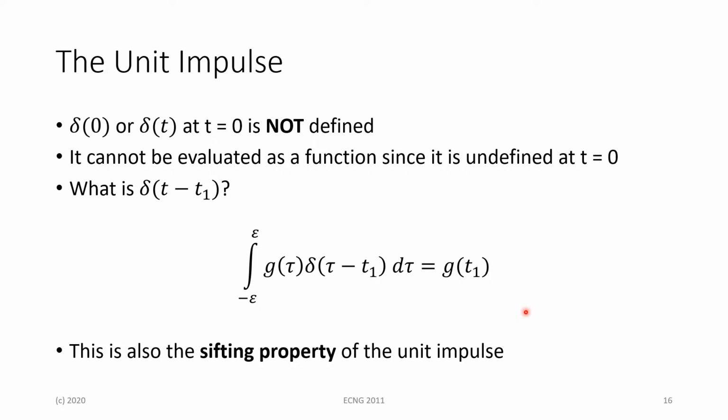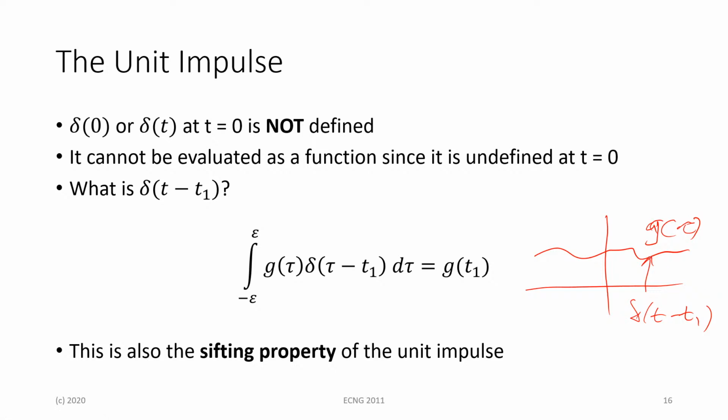So in short, what this means here, and if I draw it out for you to explain this, we have some arbitrary value here, which is g of tau, and then we apply our impulse here accordingly, which is going to be delta of t minus t1.